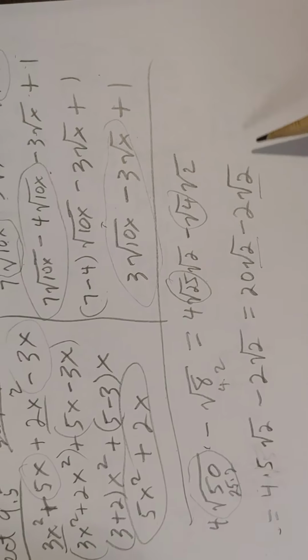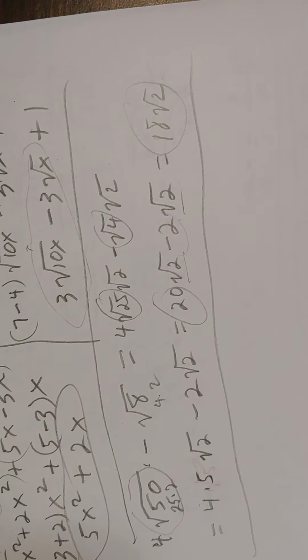All right. Let's try maybe a cube root. Let's put some variables in here. Let's see if I can pick one out of the book. Here's an example out of the book.